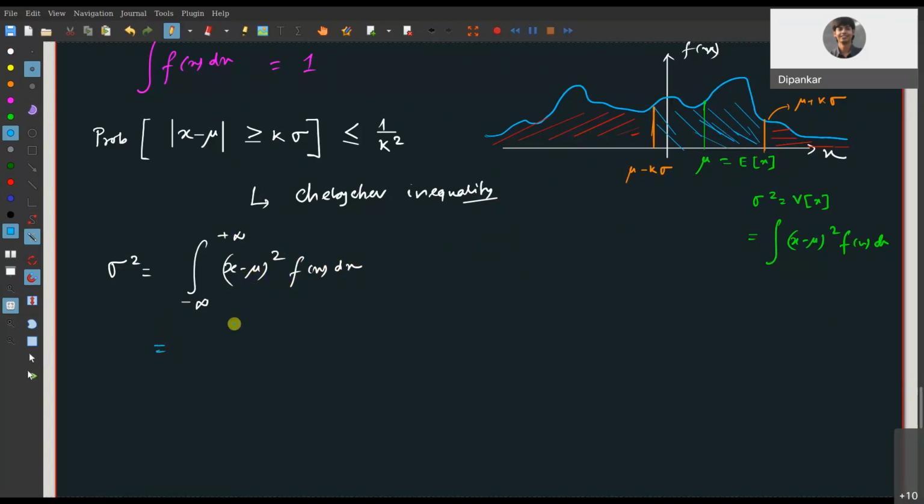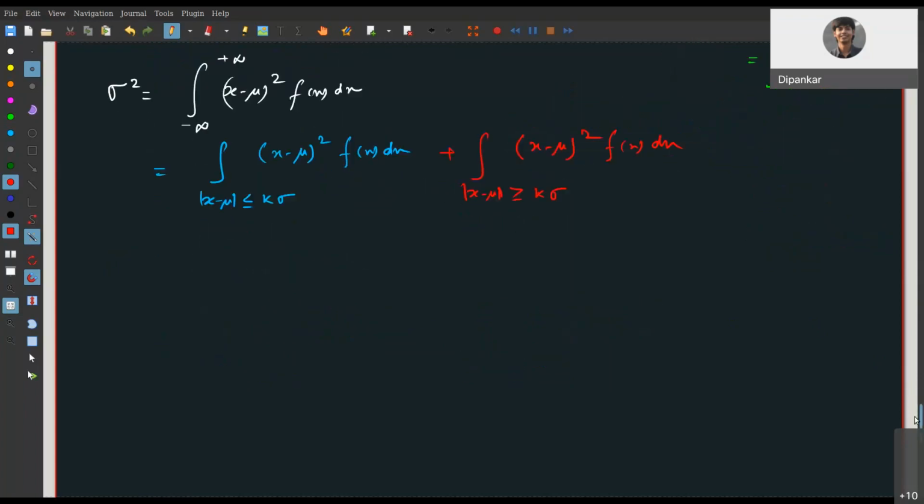For the cyan region, the region is defined by mod of x minus mu less than k sigma, then (x minus mu) whole square f(x) dx, plus the red region integration, where mod of x minus mu is greater than k sigma, and then (x minus mu) whole square f(x) dx.